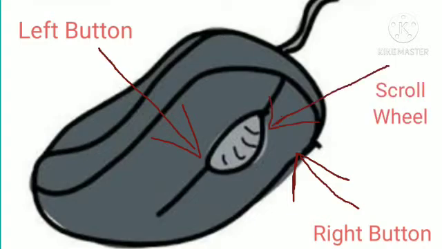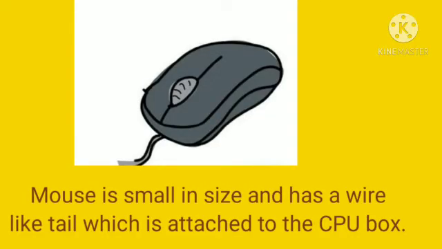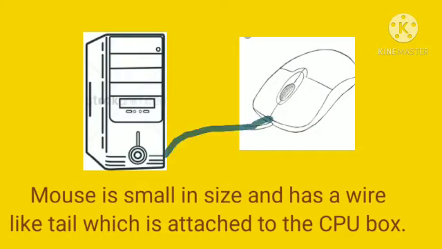A scroll wheel is present in between these two buttons. It helps us move the cursor in any direction on the monitor. Mouse is small in size and has a wire-like tail which is attached to the CPU box.